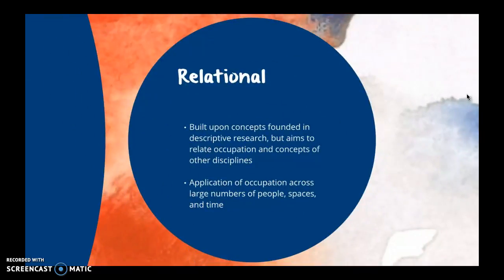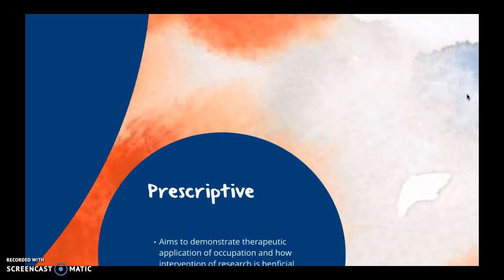Next is relational. So this was built on concepts founded in descriptive research, but instead of creating the concepts, it aims to relate occupation to the concepts of other disciplines. And this application of occupation is assessed through large numbers of people, spaces, and time.